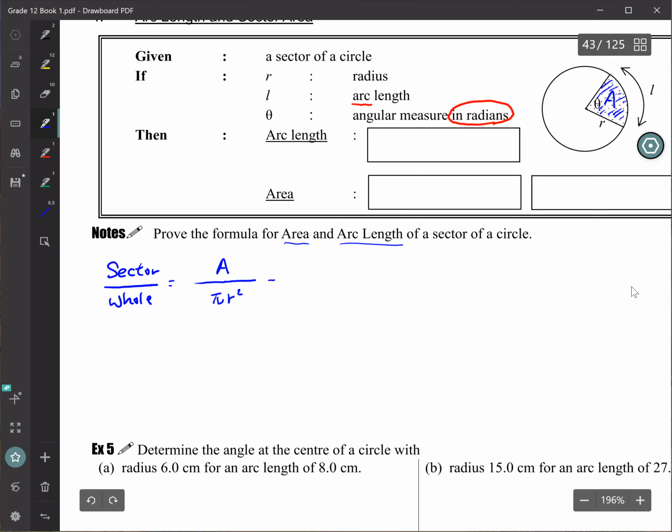And then let's talk about the length. Outside length, we call that the arc length. So for the sector, the arc length is L, so I'll put L there. And then for the whole circle, what do we call the outside distance around the whole circle?